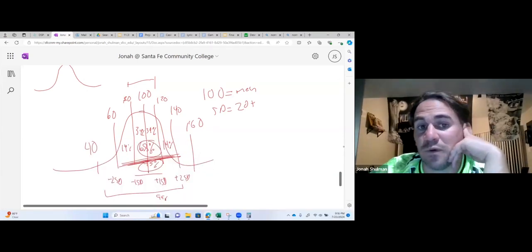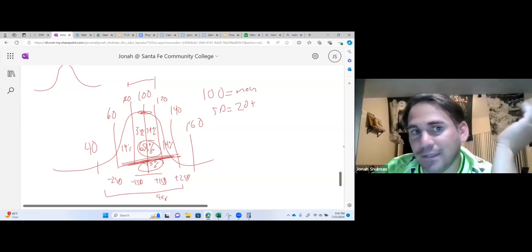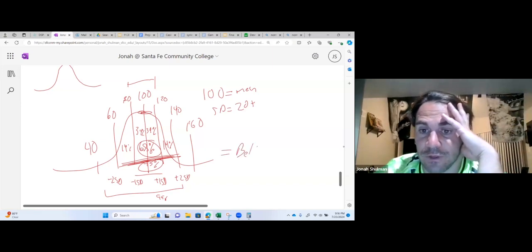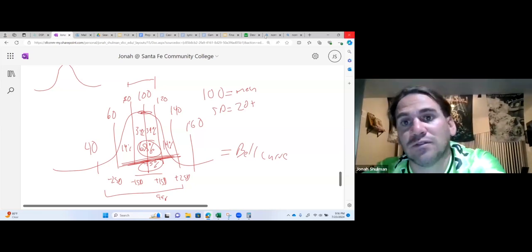So this just means most people are here. It doesn't matter whether it's how many strands of hair on your head, your height, or your IQ. They are what's called normally distributed, a bell curve, which means more people are in the middle and fewer people are on the sides.